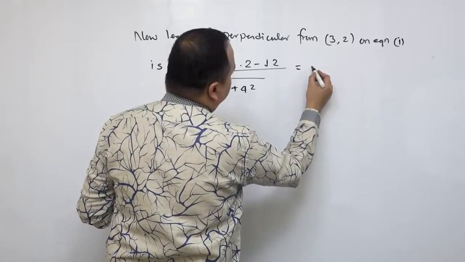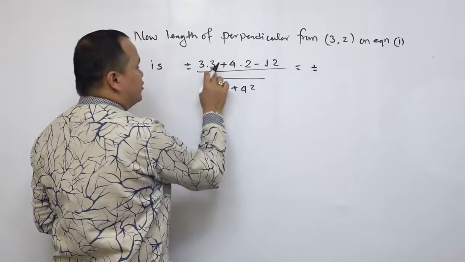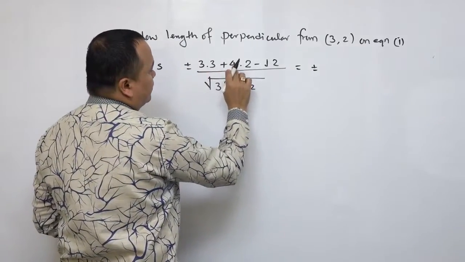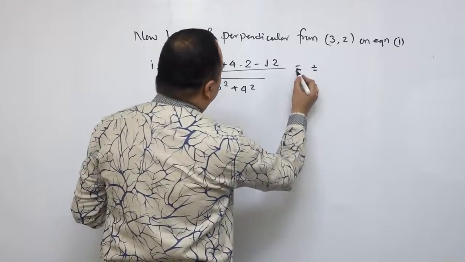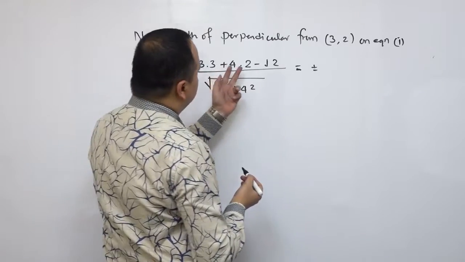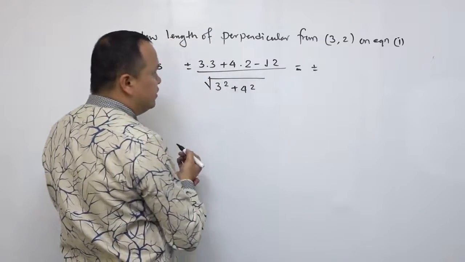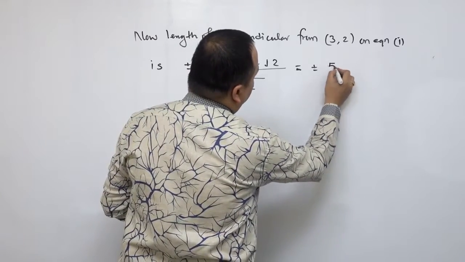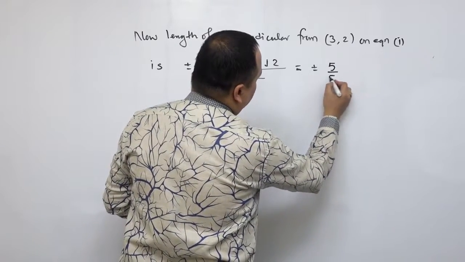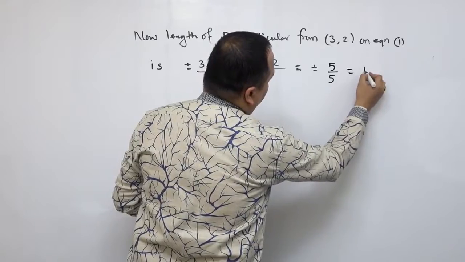This is plus minus 9 plus 8 minus 12, which is 9 plus 8, 17, minus 12, 5, upon 5. This is just 1.